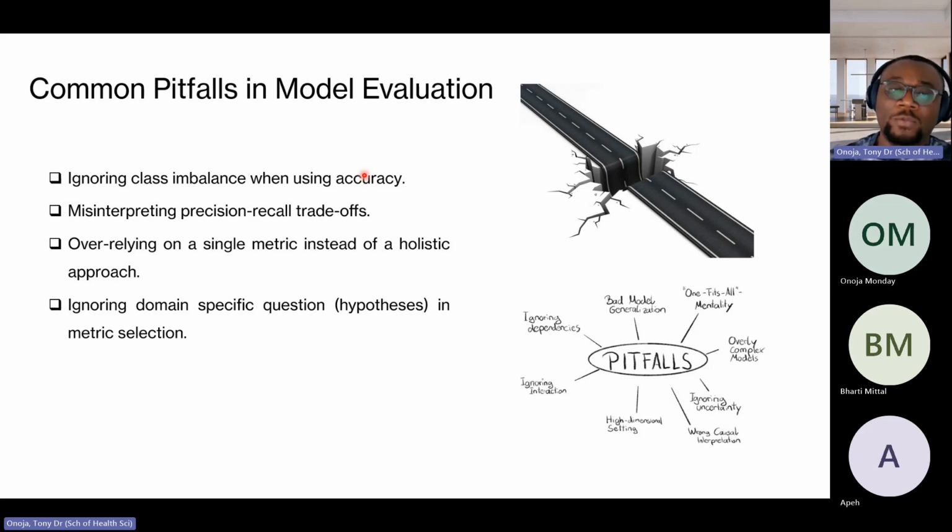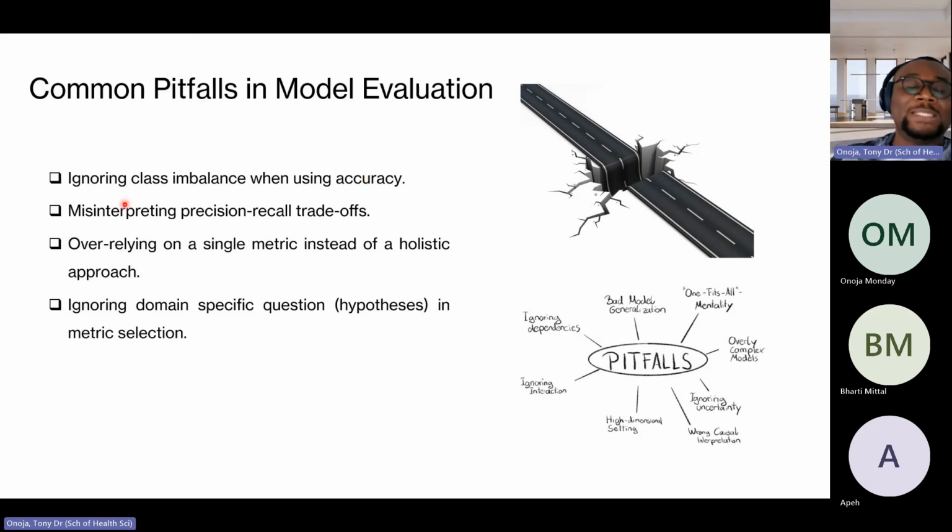Try to understand if there are imbalances, and how do we really take care of these imbalances? How do we make sure that both positive and negative class instances are treated fairly? That is very important. So in that kind of situation, do not rely only on the accuracy score. Look at the recall, look at the precision, and then remember to look at the F1 score.